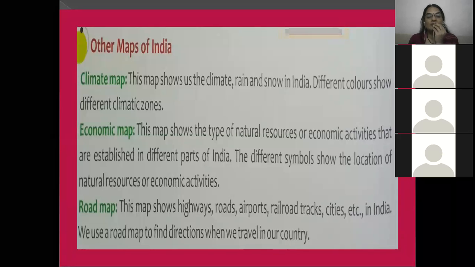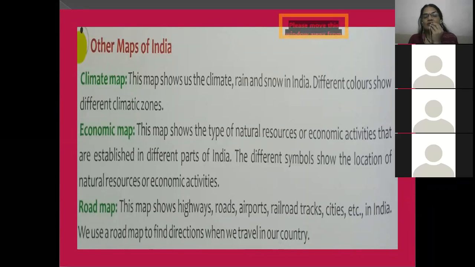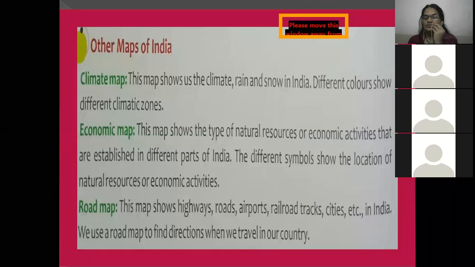Now, other maps are the road maps. This map shows us highways, roads, airports, railroad tracks, cities, etc. in India. We use a road map to find directions when we travel in our country.